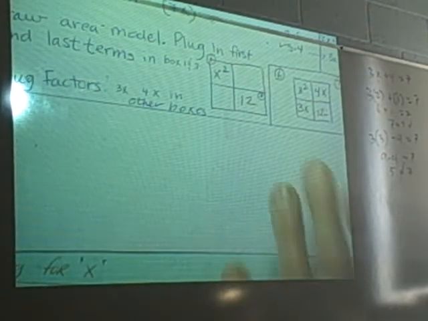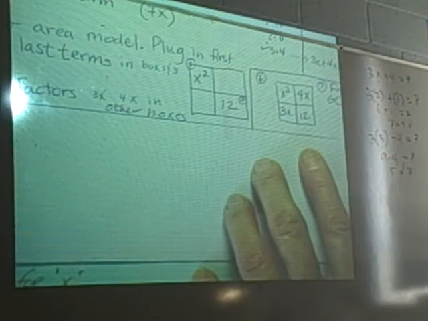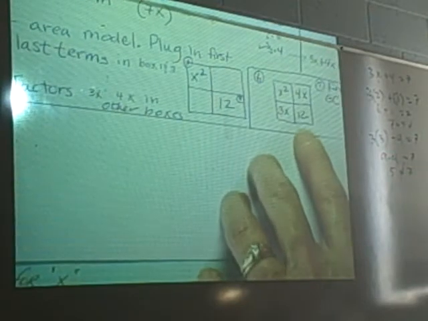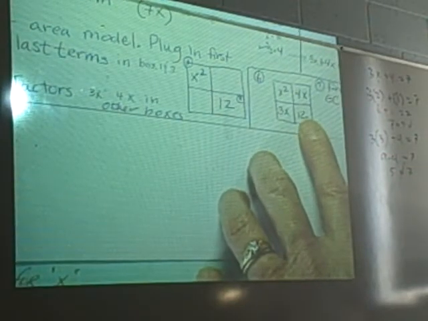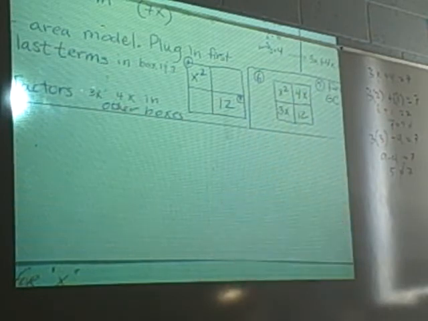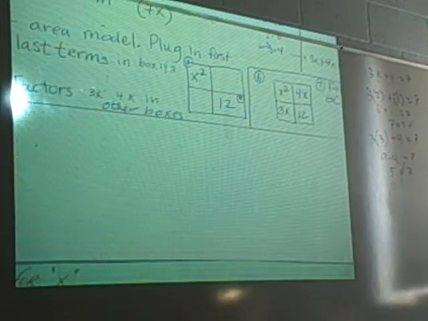So I should have a box that looks like this. So I have x squared and 12 and 3x and 4x. And this works every single time. For every polynomial, trinomial that we will factor, this will work, and it's an easy process.